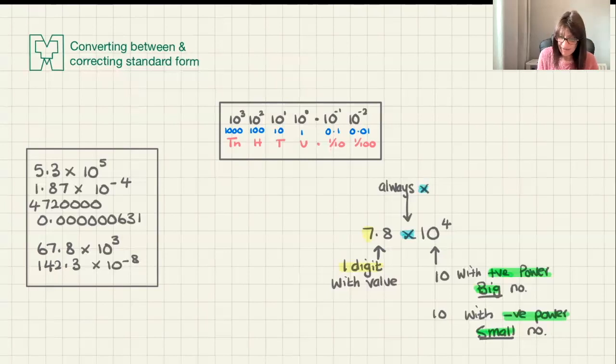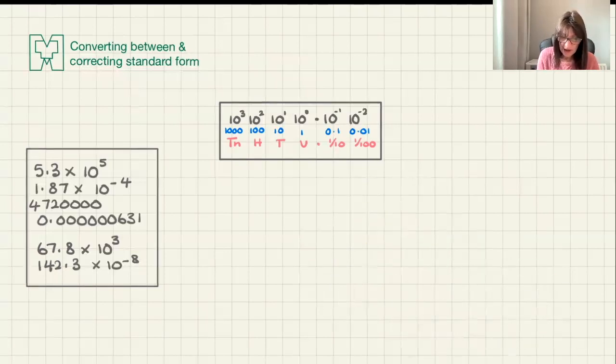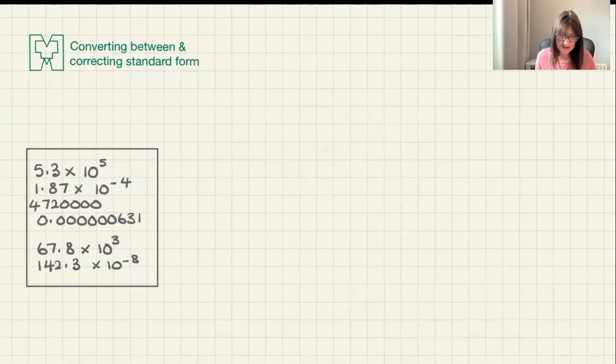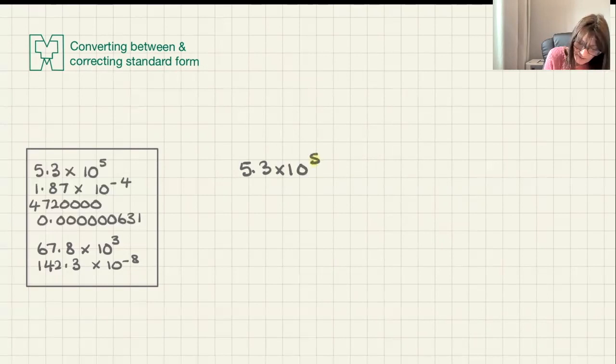Okay, let's crack on with this then. We're going to do the first question, which is 5.3 times 10 to the 5. First thing to do is clock. It's a positive power, so it's going to be a big number when I've finished. I'm then going to go straight to the decimal, and I'm going to move it in a direction that creates me bigger numbers.